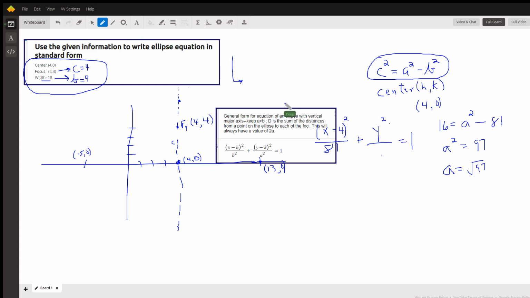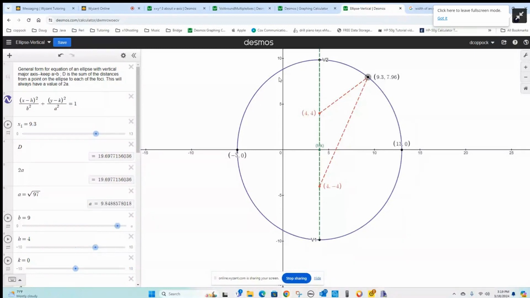So these two values, A and B, are so close together that the graph actually looks like a circle. If I share my screen, go to Desmos, there's the ellipse. Looks like a circle.